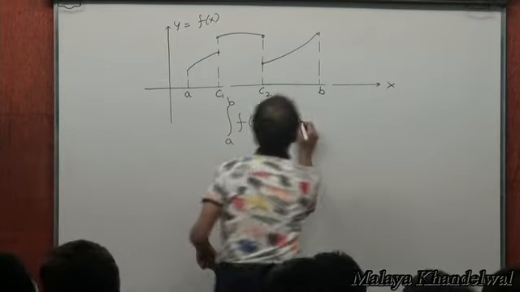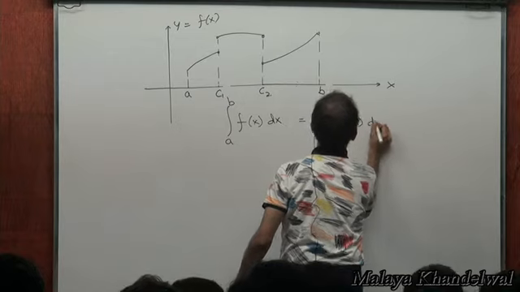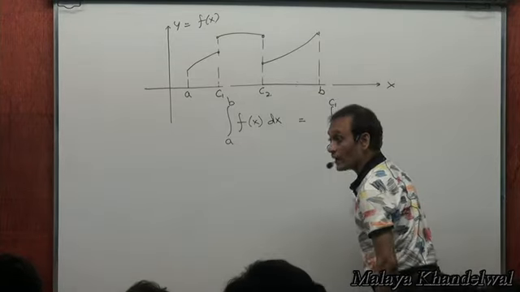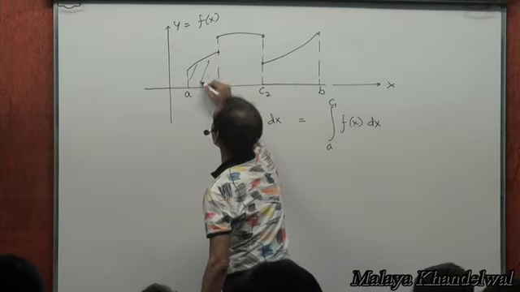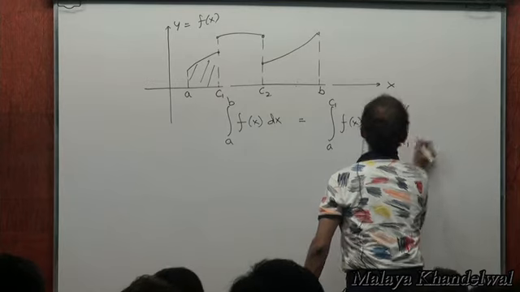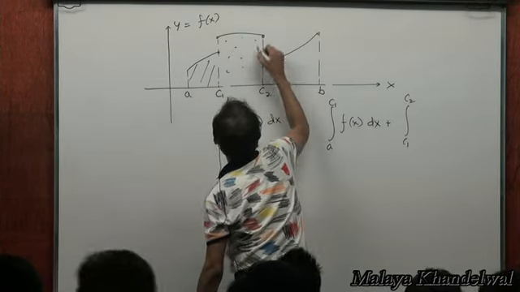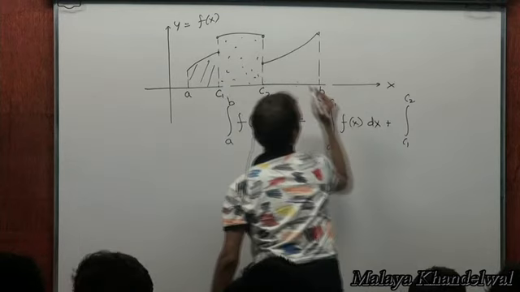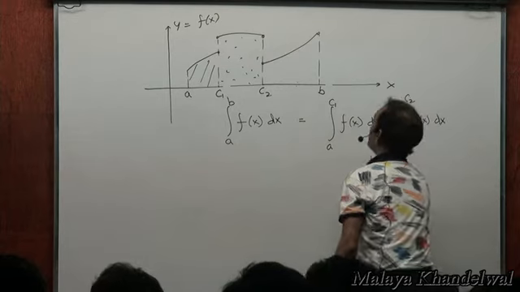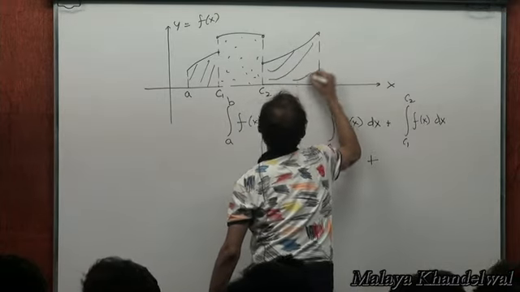That means I'll compute integral f(x) dx from a to c1 first, which would give me this area. And then I'll go with c1 to c2, which would be this area. And then we'll have to go from c2 to b, which would be this area.